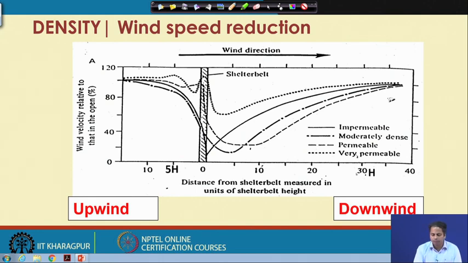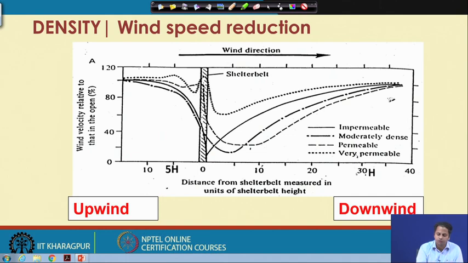What we can see is when the layer is highly impermeable, which is represented by this solid line, that means it is not allowing air to pass through it. We can see that till a distance of let us say 5 to 7 h, there is a significant reduction in wind speed, but when you go away from this distance, there is not much reduction in wind speed.